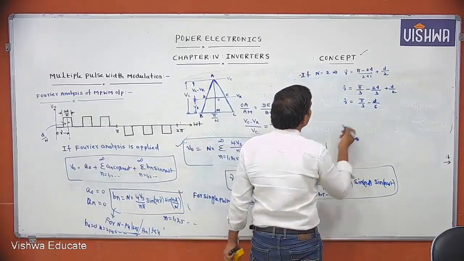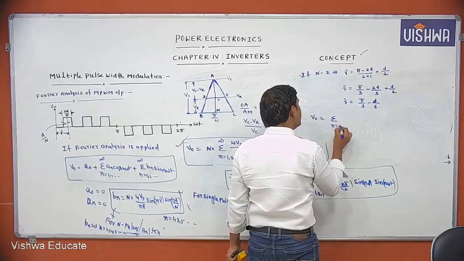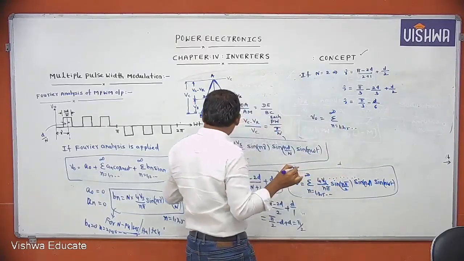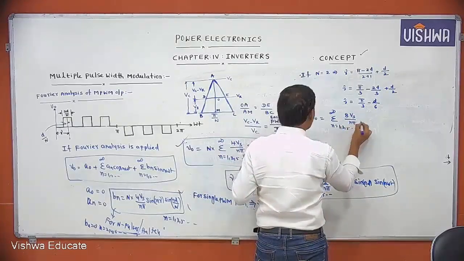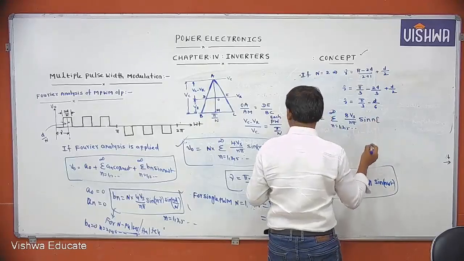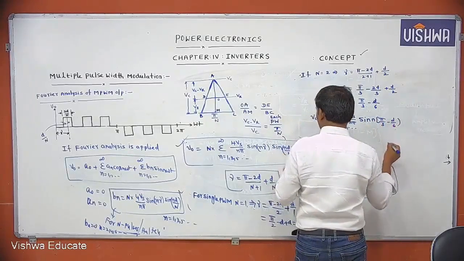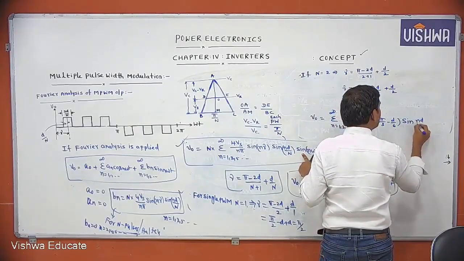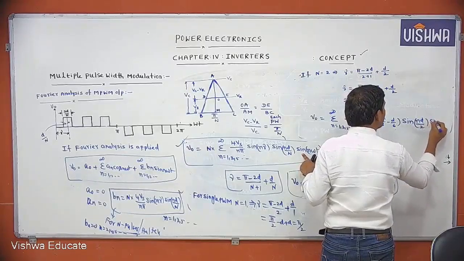Then gamma equal to this, and what is the instantaneous output voltage? Summation n equal to 1, 3, 5 up to infinity of 8 Vs by n pi sin n into (pi by 3 minus d by 6) sin nd by 2 sin nd by 2 sin n omega t.